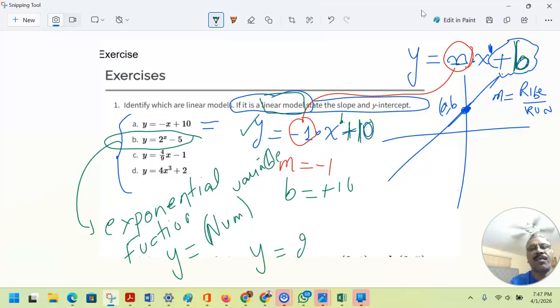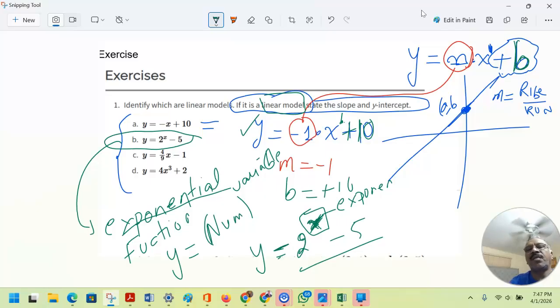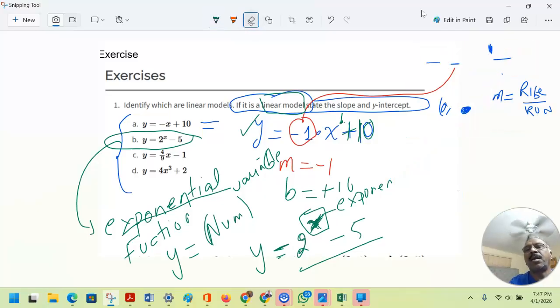In this example, you have 2 raised to x, and clearly the x is the exponent here. Whatever the input is gets placed in the exponent of 2. Such a function is called an exponential function.